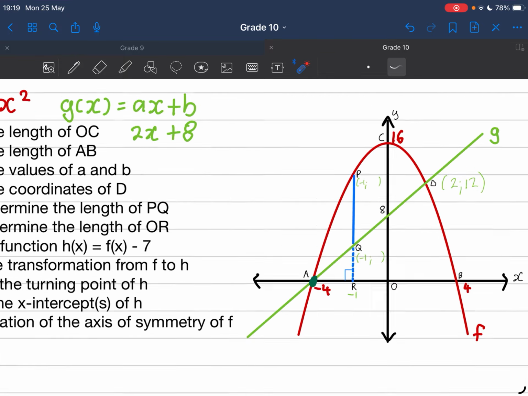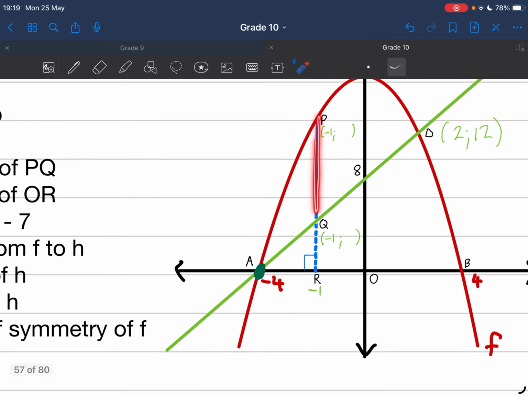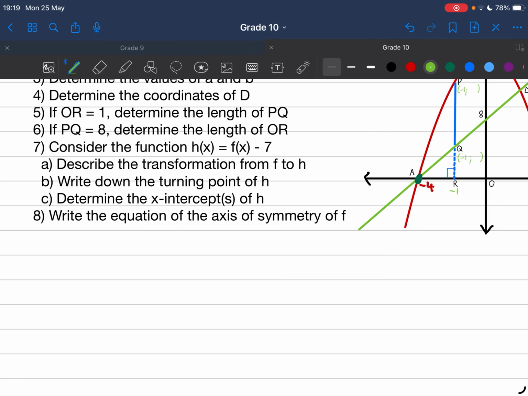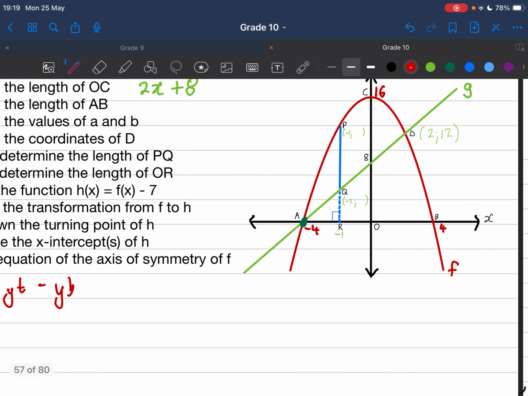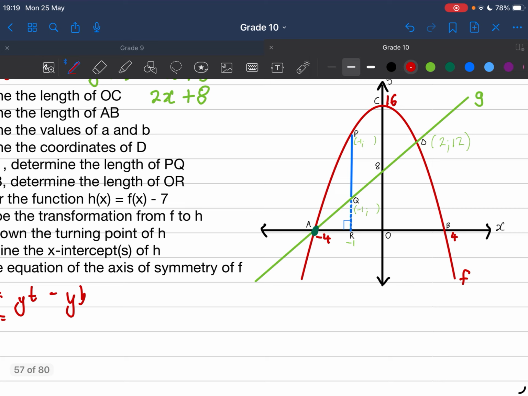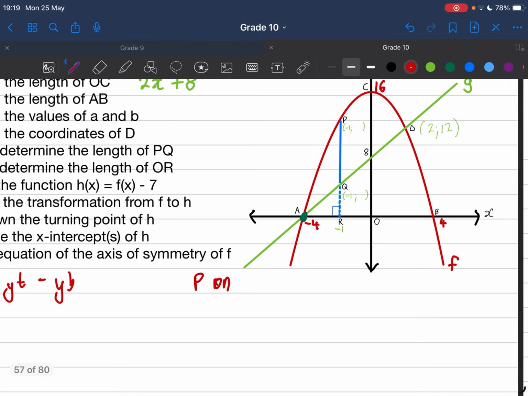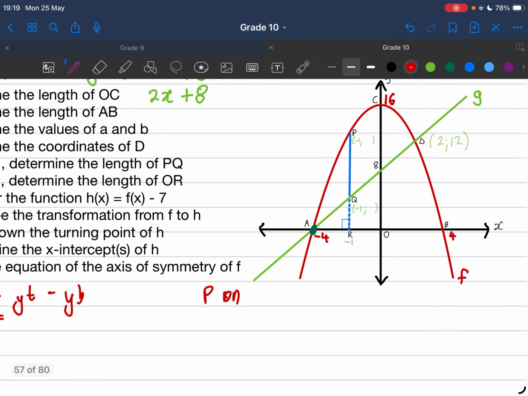Determine the length PQ. So they want the length PQ. Now automatically you start to say, all right, for number 5, the distance PQ is a vertical distance, so you obviously need y top minus y bottom, but you don't have the y coordinates at P or at Q. But P is on our parabola, it's on f of x.